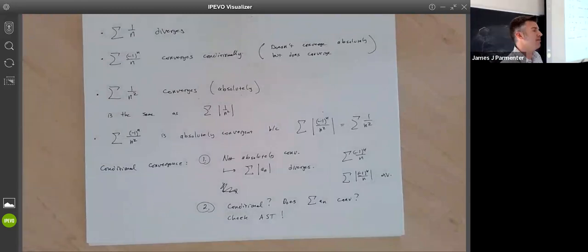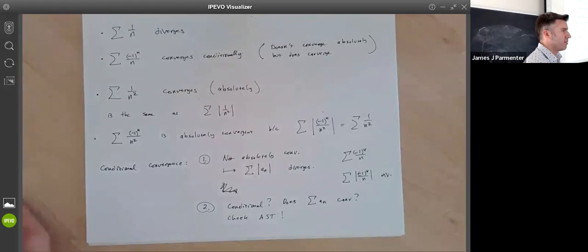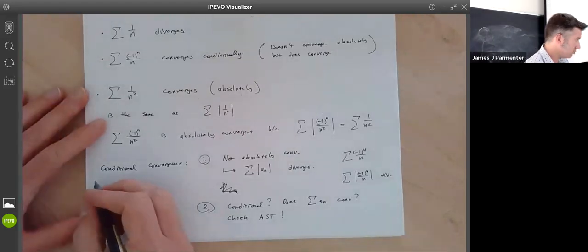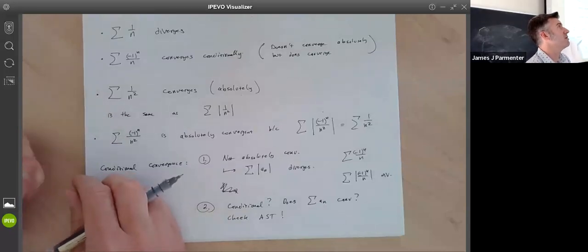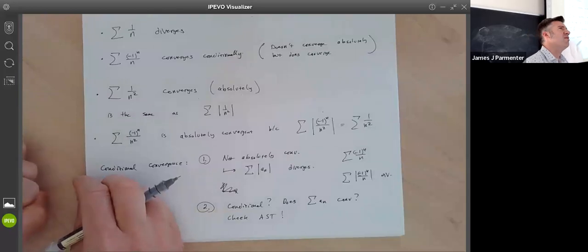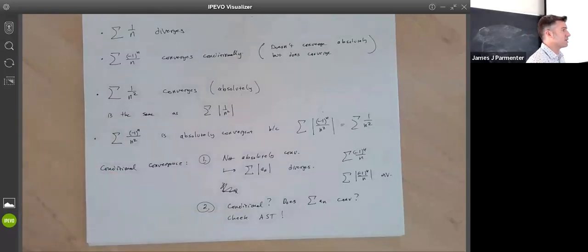Typically, the way you will fail the AST is by showing that the limit of the sequence isn't 0, which is also the nth term test. But there are series where the alternating series test fails and you don't get that, like sine of n over n, I don't remember exactly.